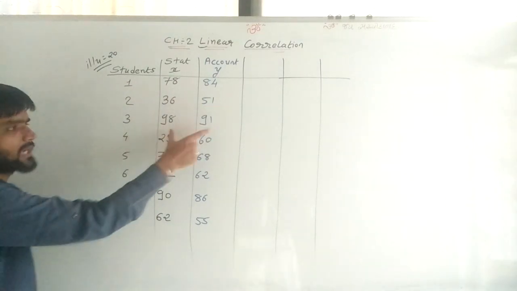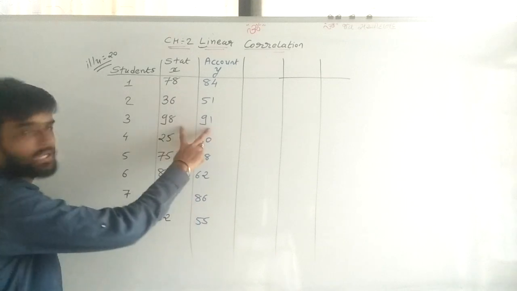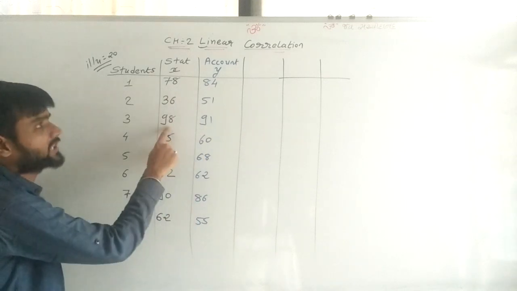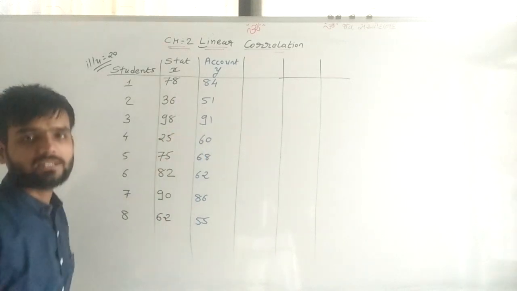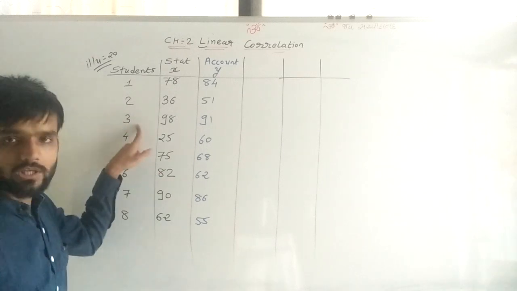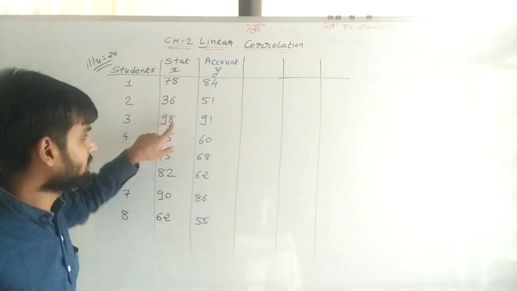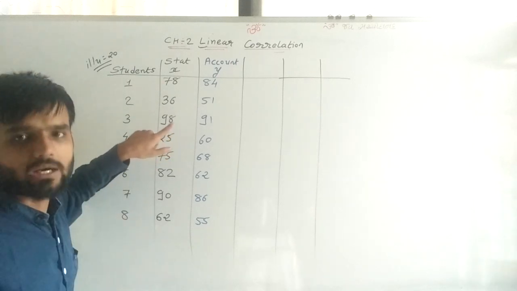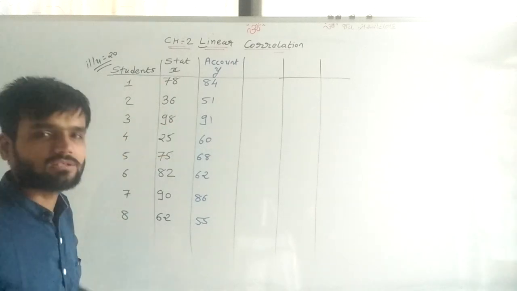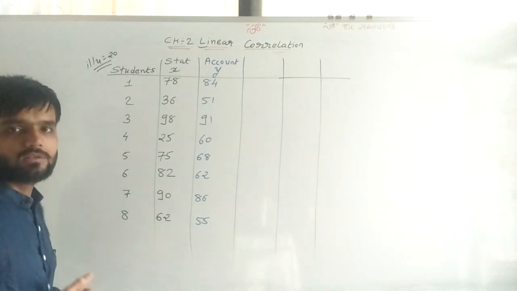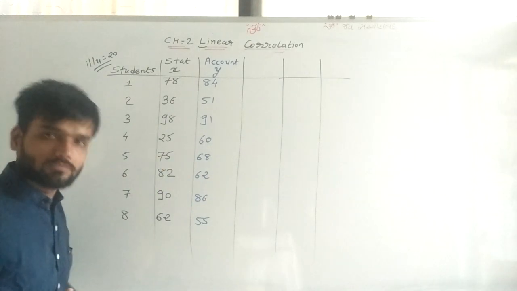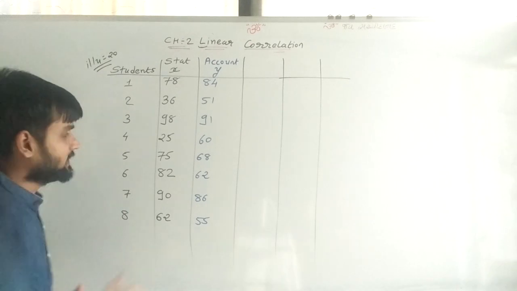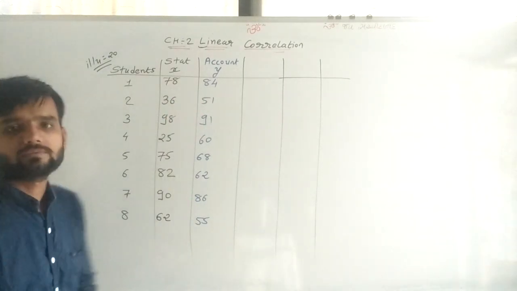Same way the third student's marks are given. Here we can compare 98 marks in statistics, 91 marks in accountancy. So the third student is very clever in statistics because he got 98 marks. Same way 91 marks, somewhat difficult for accountancy. In this way marks are given.